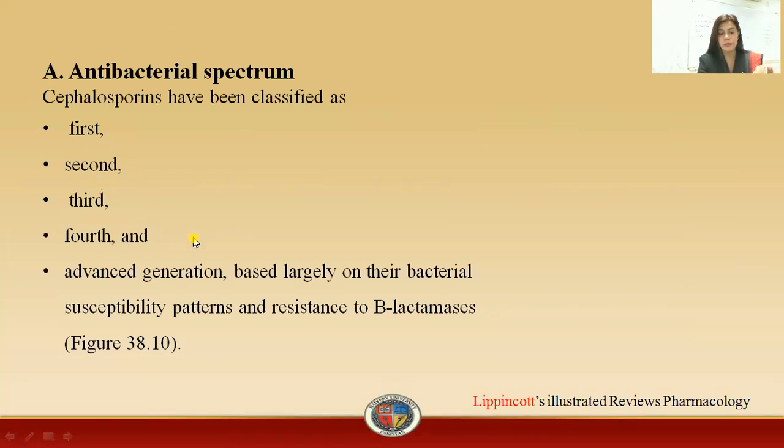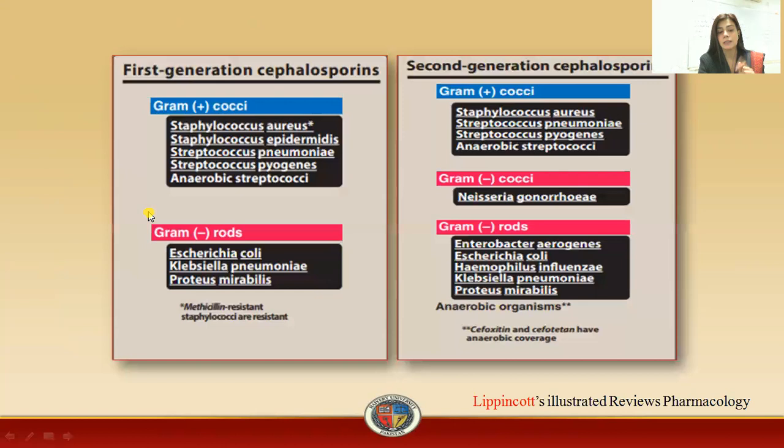Now, how do we classify these cephalosporins? As I have already discussed, they are classified into these 5 different generations according to their spectrum of activity. The first generation cephalosporins are more active against the gram-positive bacteria as compared to gram-negative bacteria. No doubt they are targeting both the gram-positive and the negative ones. The second generations are less effective against the gram-positive and more active against the gram-negative bacteria.